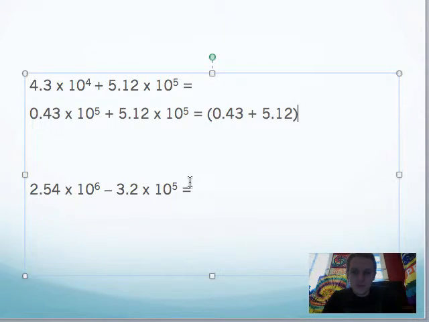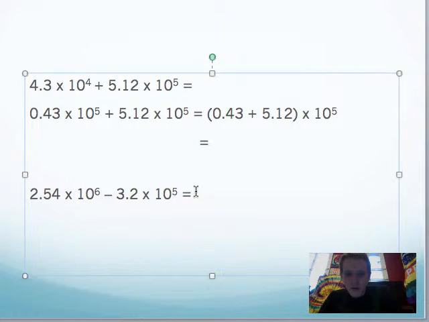You can add those coefficients and you keep the power, so times 10 to the fifth power. So your final answer, 5.55 times 10 to the fifth power.